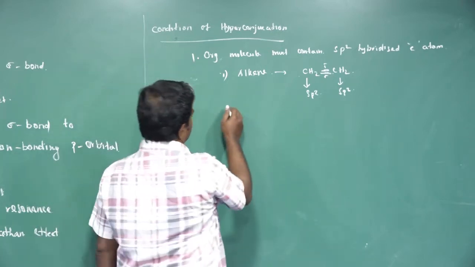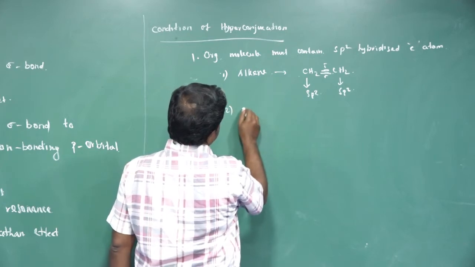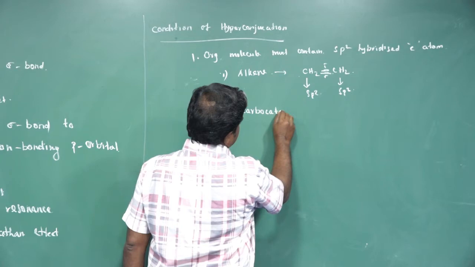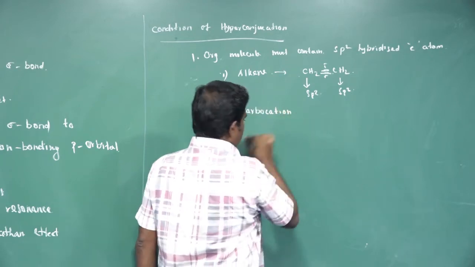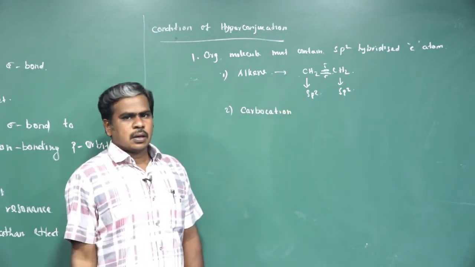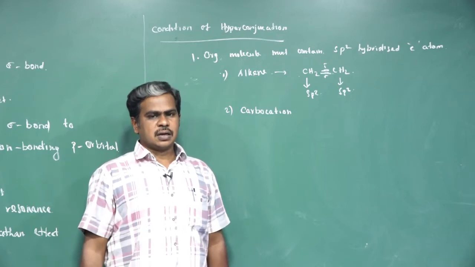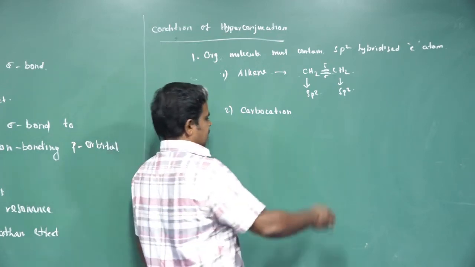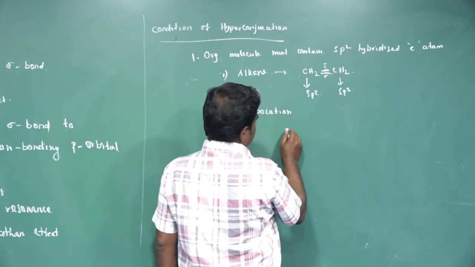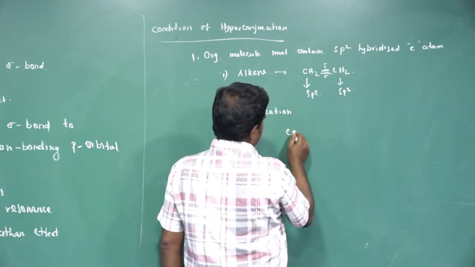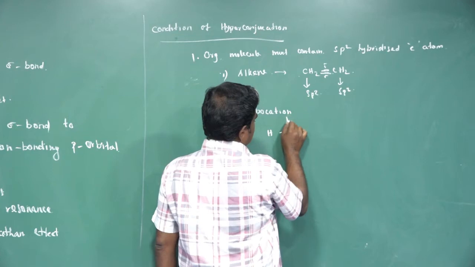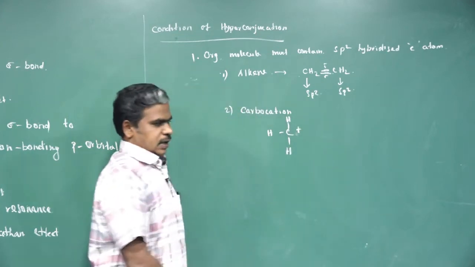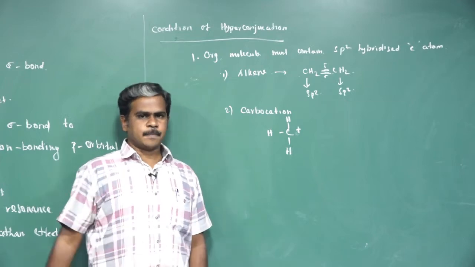The second one we may take is carbocation. Carbocations form by loss of 1 electron from the carbon, and it is also sp2 hybridized. For example, the methyl carbocation, carbon with three hydrogens.